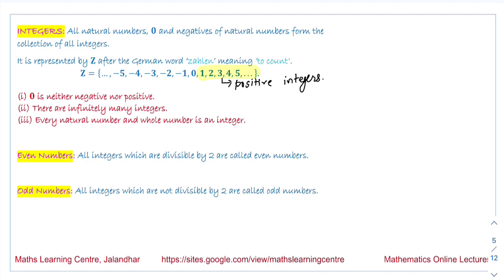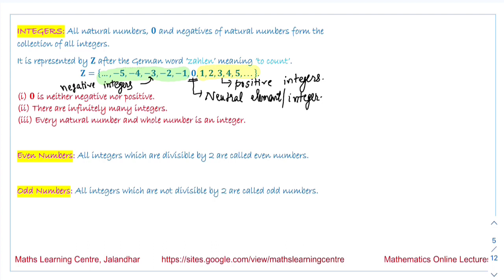Then negative of these numbers we have over here: minus 1, minus 2, minus 3, minus 4, minus 5 and so on. These are called the negative integers. Then we are left with 0. 0 is called the neutral element or the neutral integer.